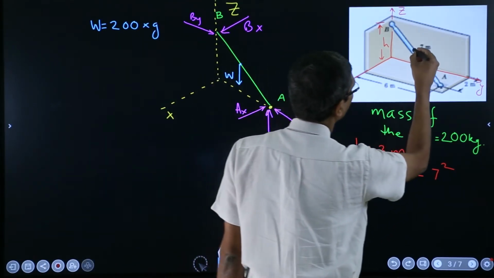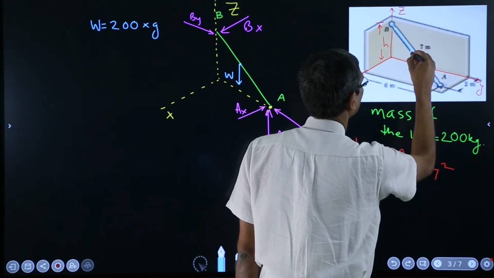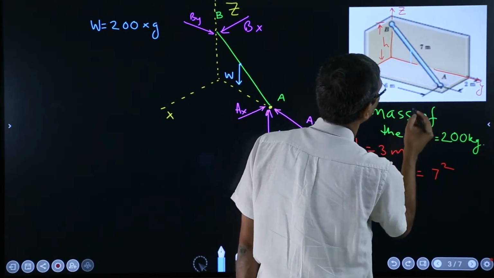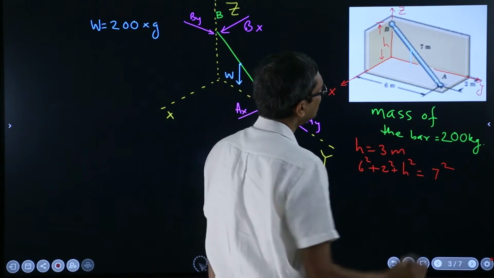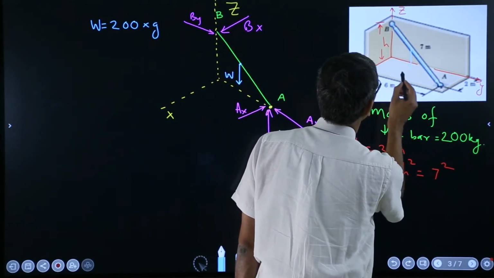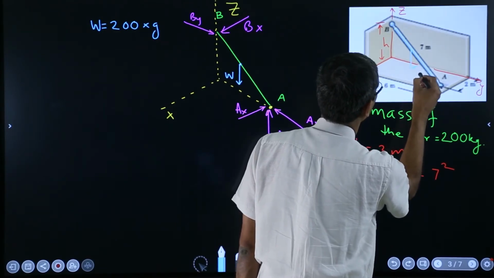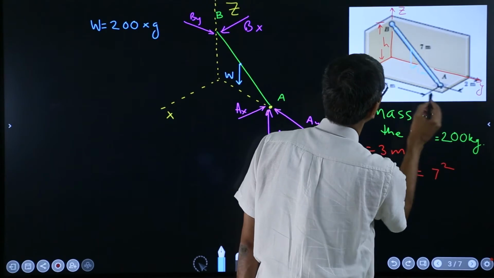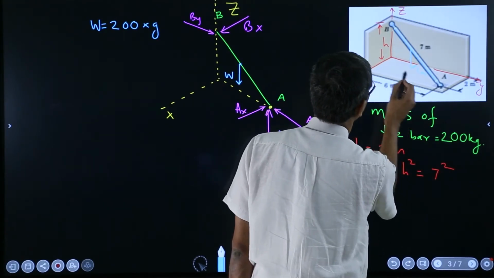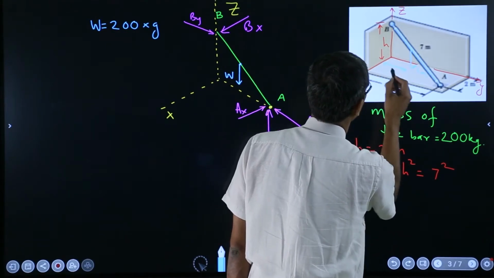If you draw a perpendicular to meet the ground, it will be halfway through all these lines. So this distance will be 1 meter, because this is 2. Similarly, this distance will be 3 meters.